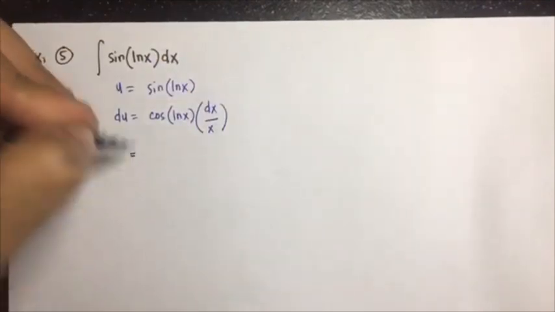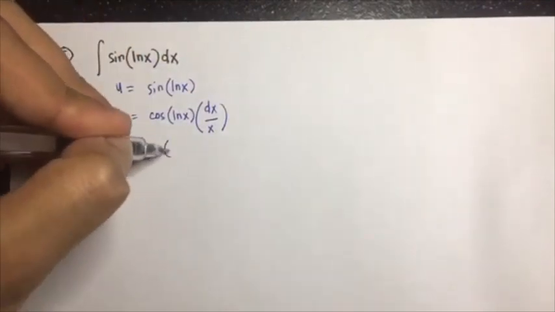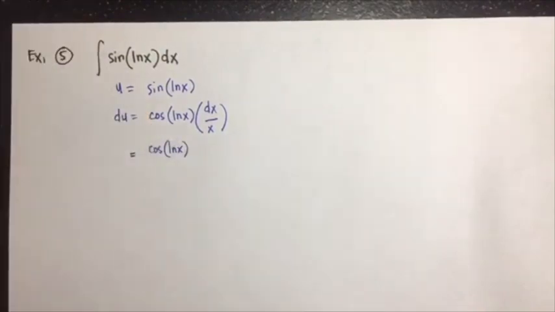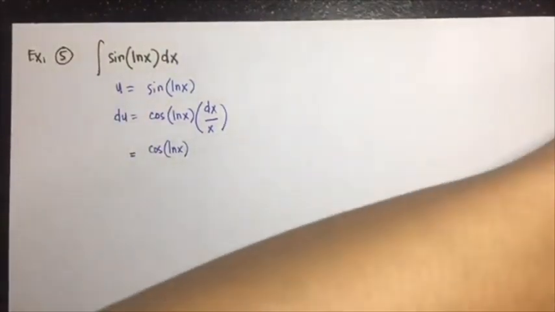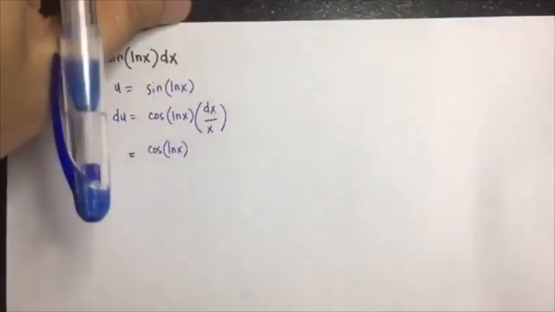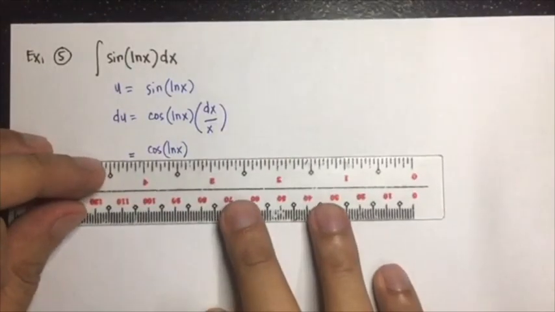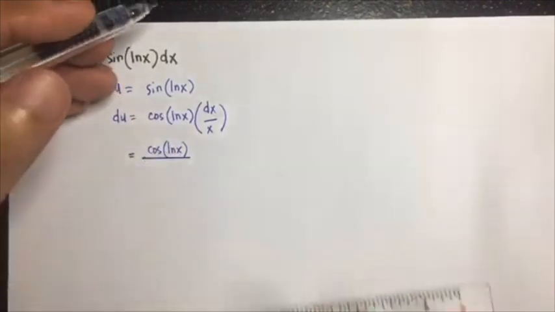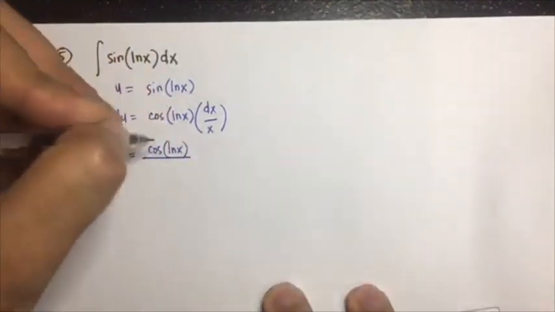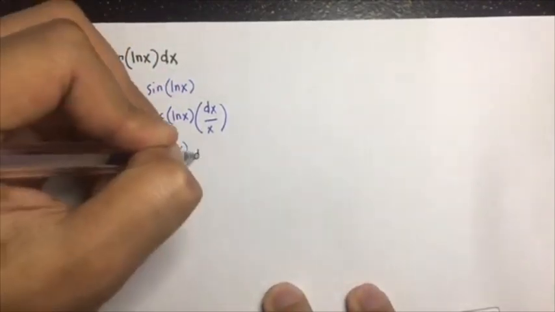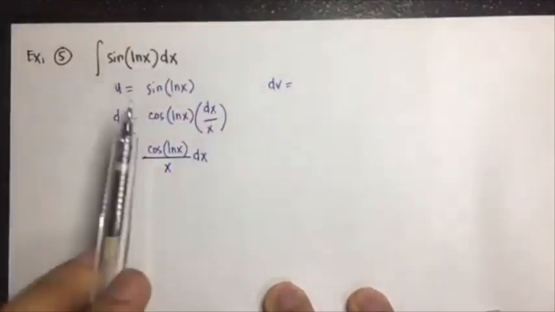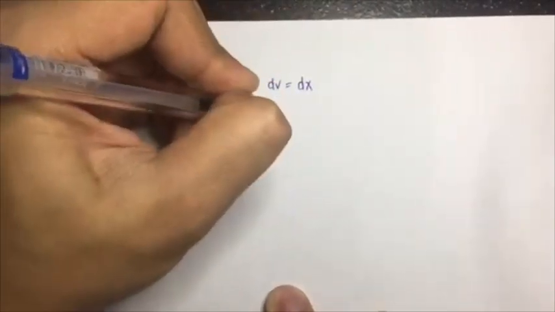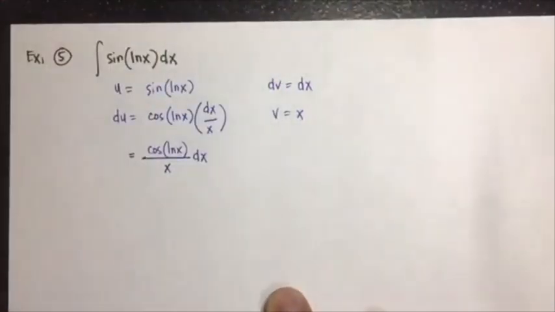So our du is cosine of ln of x over x dx. Our dv obviously is dx, so our v is x.